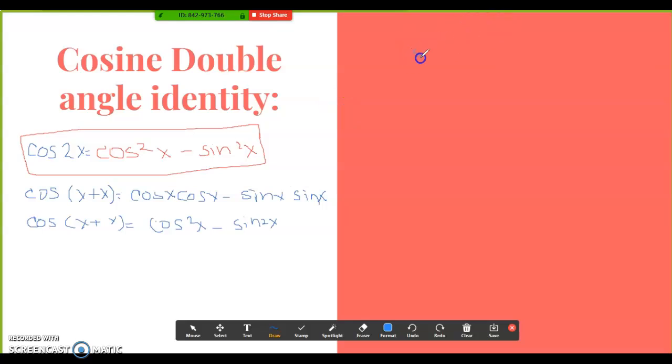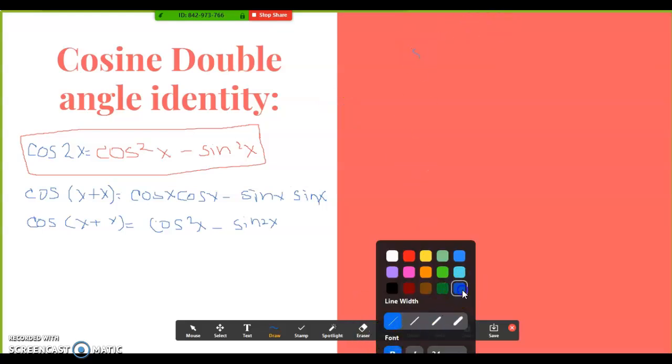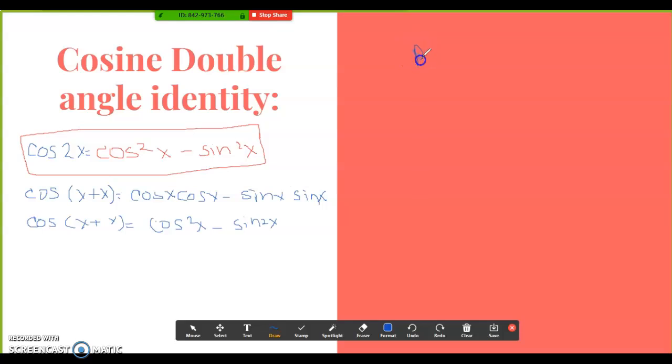Remember, the Pythagorean identity was, and I'm going to rewrite it over here, that the sine squared of x plus the cosine squared of x equaled 1. Which means we can rewrite this double angle identity yet another way using the Pythagorean identity.